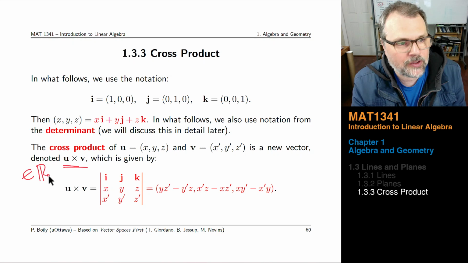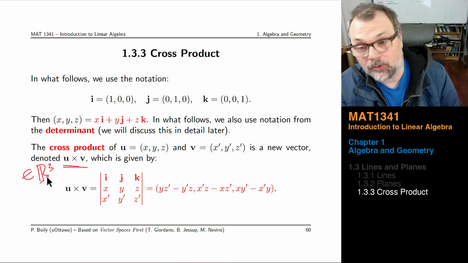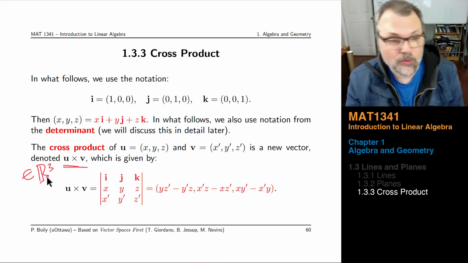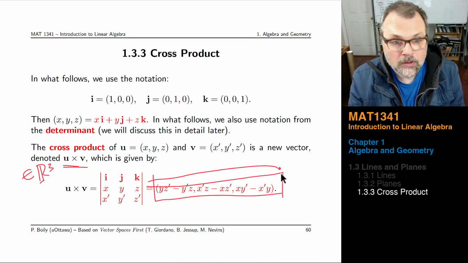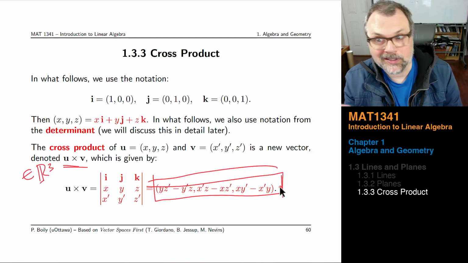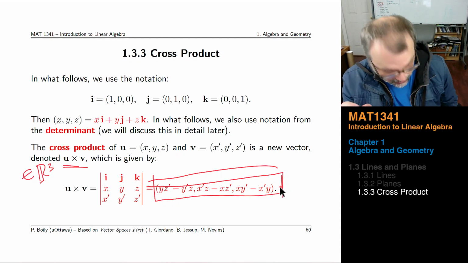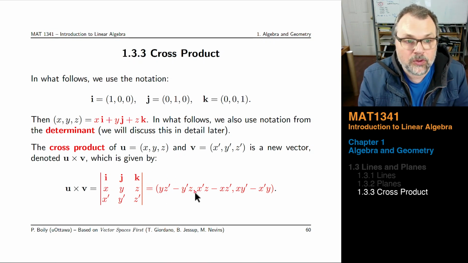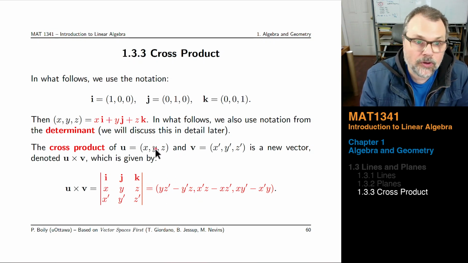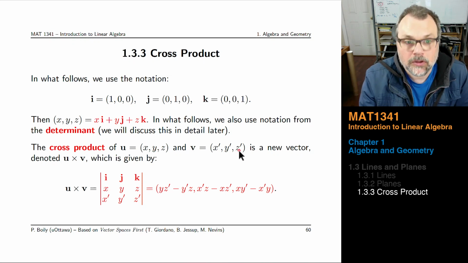And what's the vector? Well, this is a formula that most of us have a real hard time remembering without using the shortcut notation. For the first component of that new vector, you take the second component of the first vector times the third of the second vector, minus the second component of the second vector times the third component of the first vector.